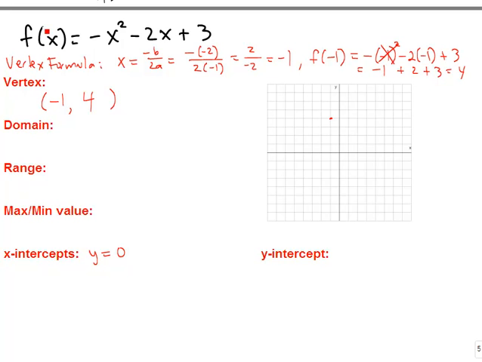So we're going to put 0 right up here on the left side and set it equal to our function. So we're trying to solve 0 equals negative x squared minus 2x plus 3. This one has a negative leading term. It has a good potential of factoring because there are ways to take factors of 3 and get a 2 out of it.